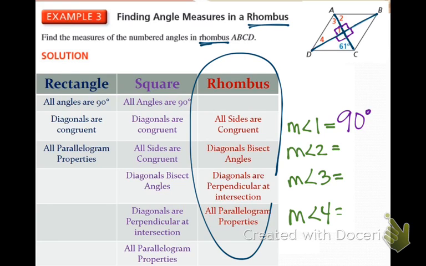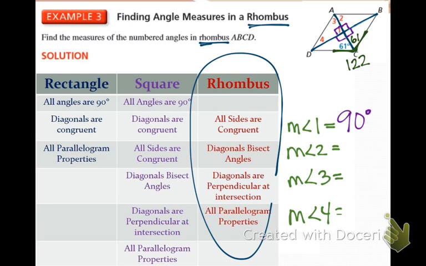All right, to find the second and third, if you look at the corner of angle C, what do you know about the diagonals? What do they do to the angles? Diagonals what? Bisect the angles. So if the left half of C is 61, the right half is 61, which means the whole angle, which will help us later, is 122.